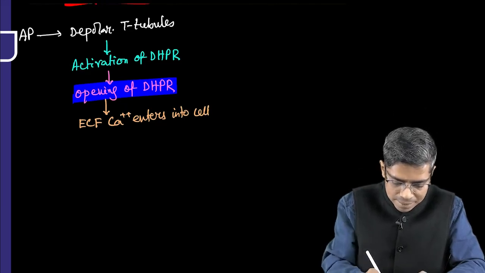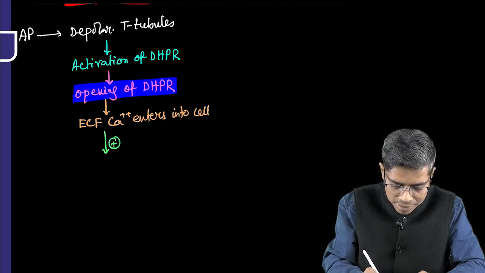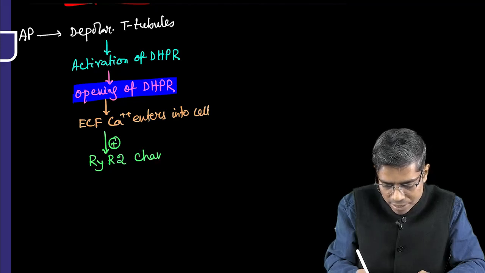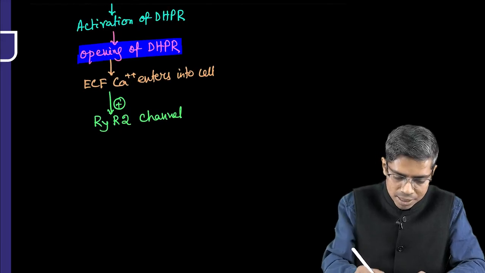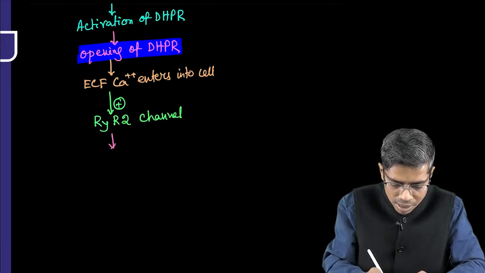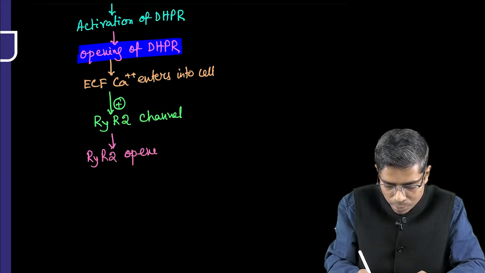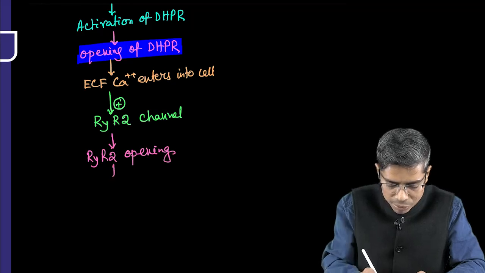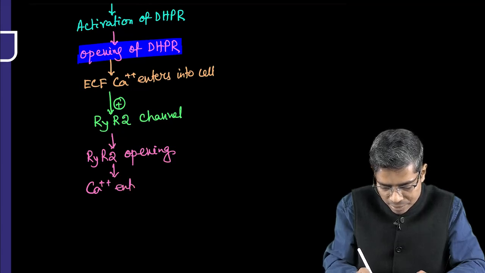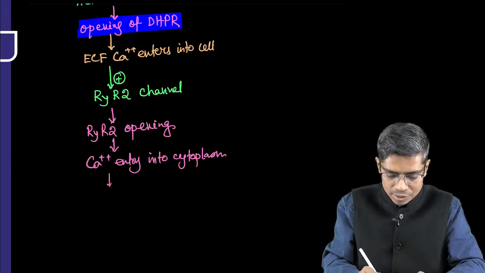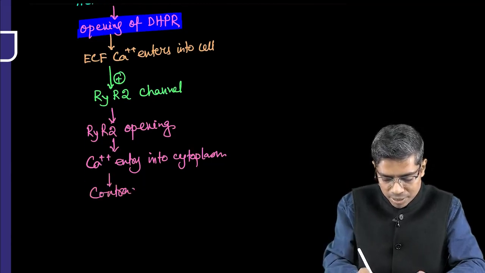This ECF calcium is now going to stimulate the RYR type 2 channel, because of which the RYR type 2 channel will open up, due to which further calcium will enter. Calcium entry into the cytoplasm then leads to contraction of the myocardium.